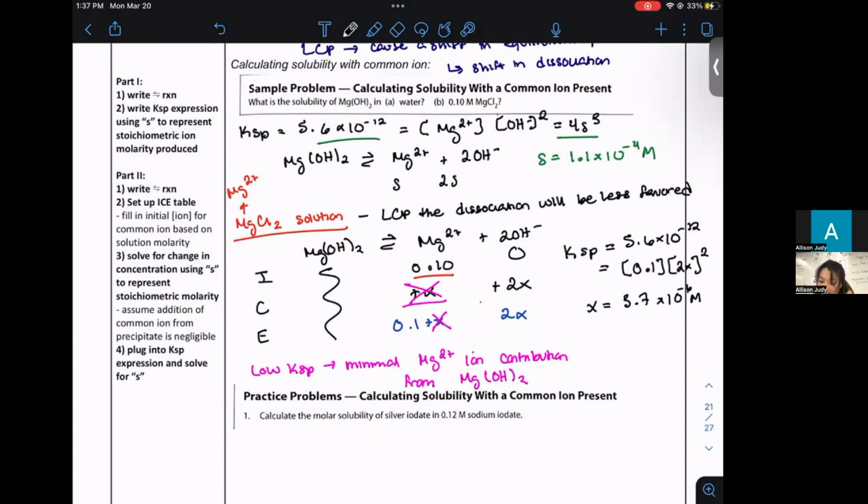And that x is the molar solubility of our respective species. And that is how you would determine what the solubility is in the two different solvents.